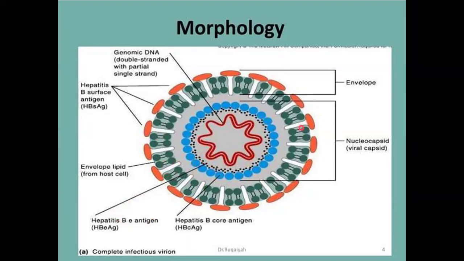Then we have the envelope. So the three main antigens are surface antigen, which is HBs, E antigen, which is HBe, and core antigen, which is HBc. That is something you have to know. You can be shown a picture like this, and then you're told to label.